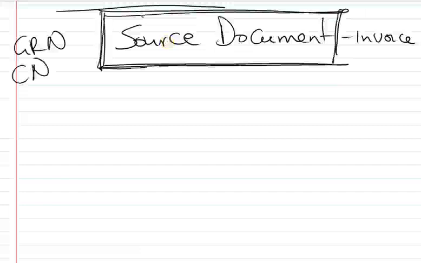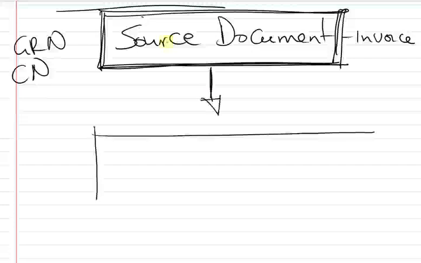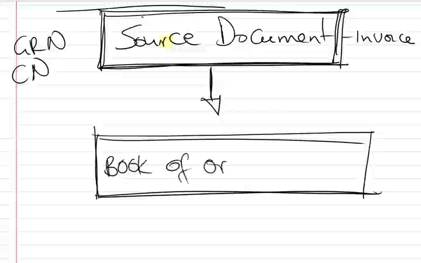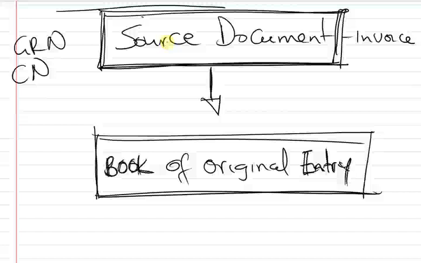After the source documents have been drawn up, you are going to record them into the first book called the Book of Original Entry, or the day book.